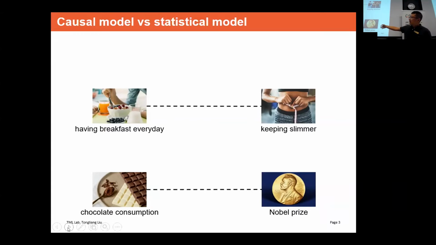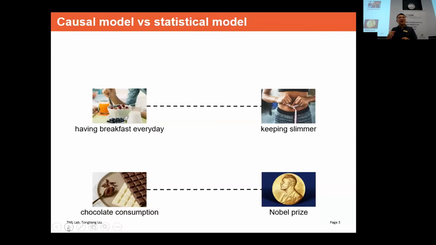The other example is that there's also a high dependence between the chocolate consumption of a country or region and the number of Nobel laureates in the country. So again we can make predictions. We can observe how much chocolate a country consumes to predict how many laureates they have.